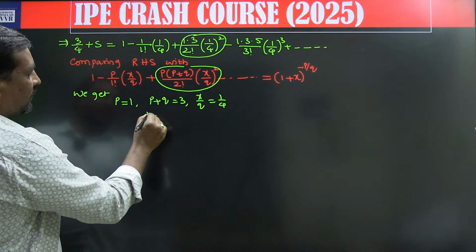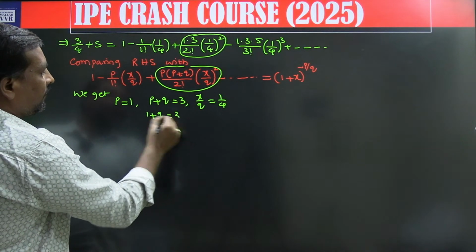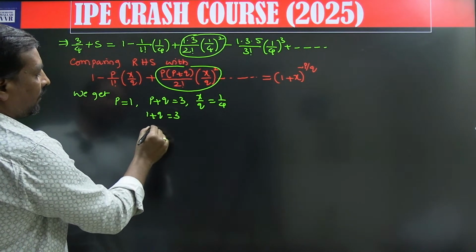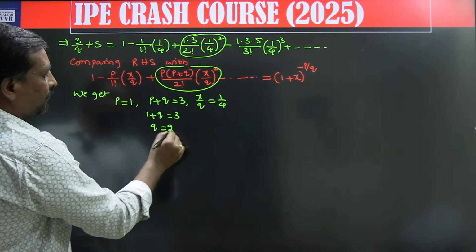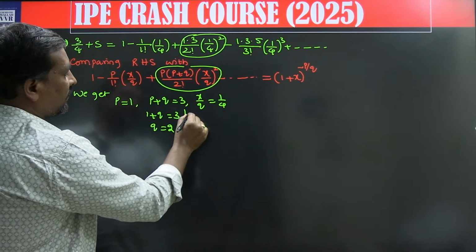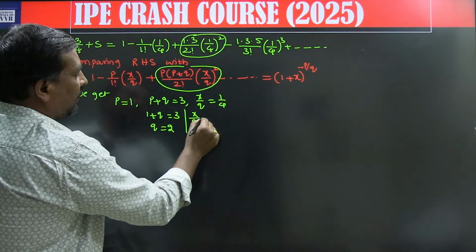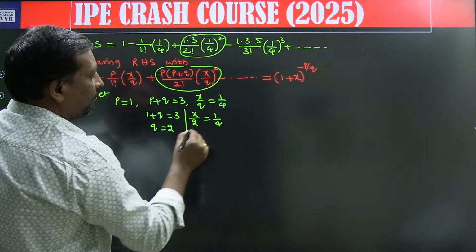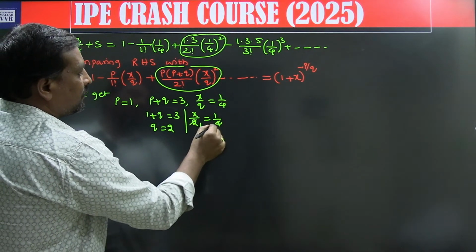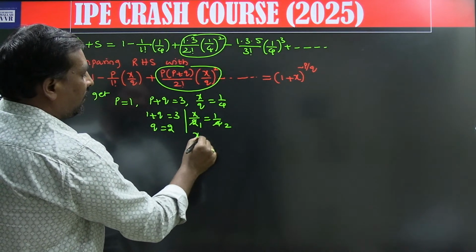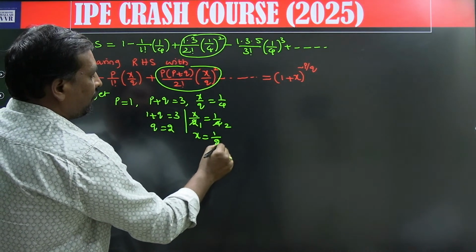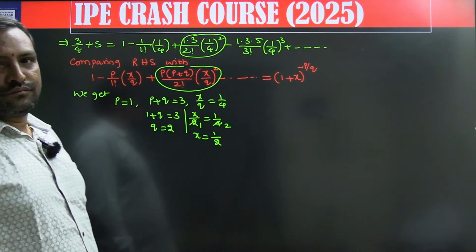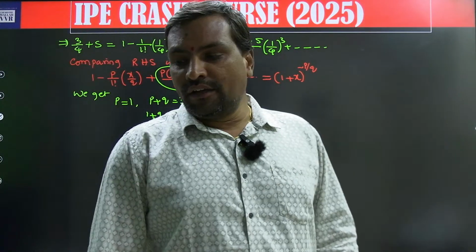So 1 plus q is equals to 3, q is equals to 2. Then x by 2 is equals to 1 by 4. The 2s will be cancelled. x is equals to how much here? 1 by 2.